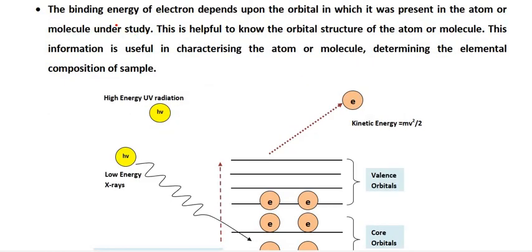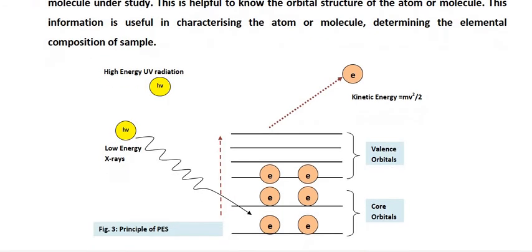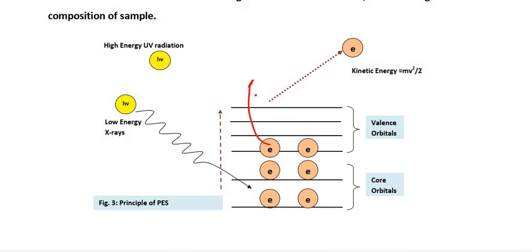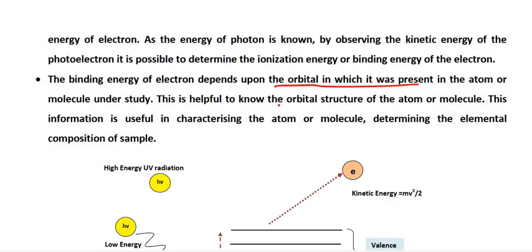The binding energy of an electron depends upon the orbital in which it is present. As I already told you, it is easy to remove an electron from a valence orbital and difficult to remove an electron from inner orbitals, because the binding energy of an outer electron is lesser and the binding energy of an inner electron is more. So the PES method is useful to know the orbital structure of atoms or molecules.